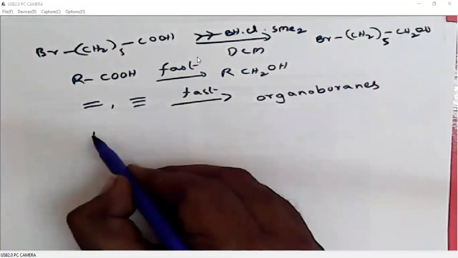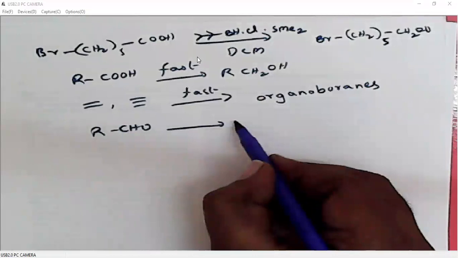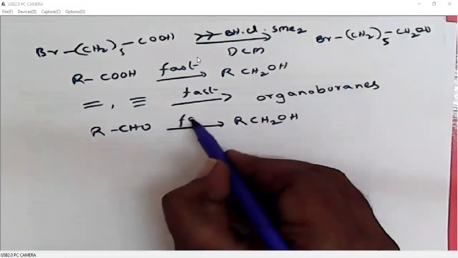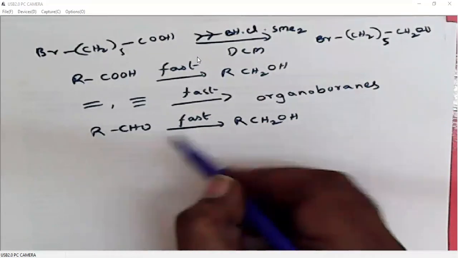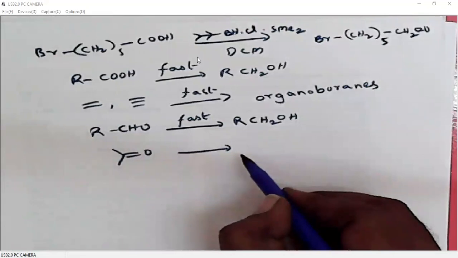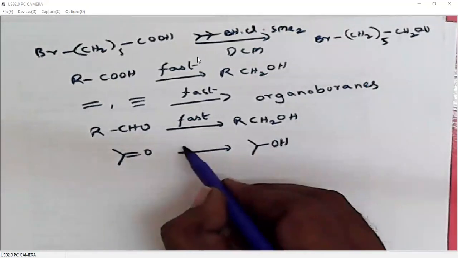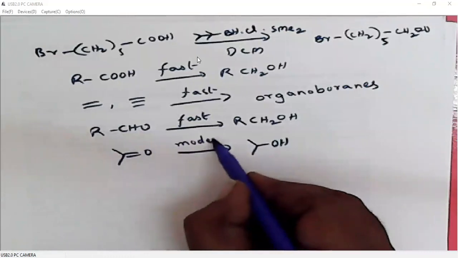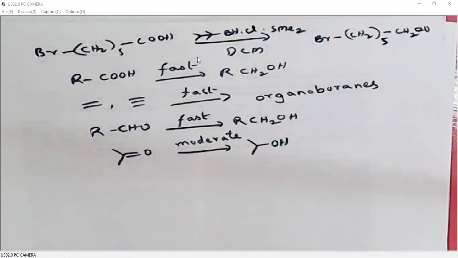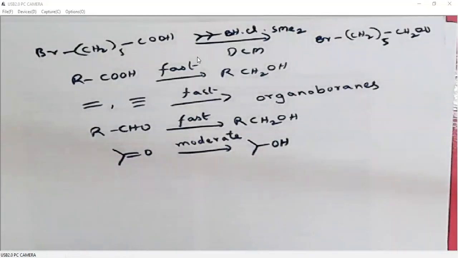Then boron can also reduce aldehyde to the corresponding alcohol, but sometimes it is fast, sometimes it is slow. We can also use boron to reduce ketone to the corresponding alcohol, but the reaction is slow or moderate. So we don't use boron to reduce ketone. But it will happen. Boron can reduce carbonyl, but it is slow.